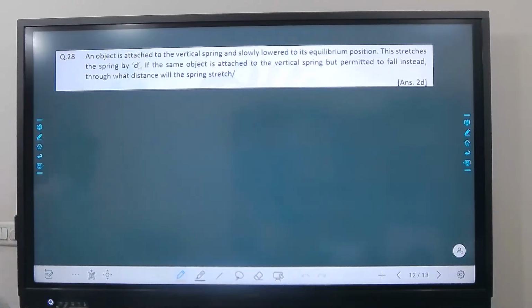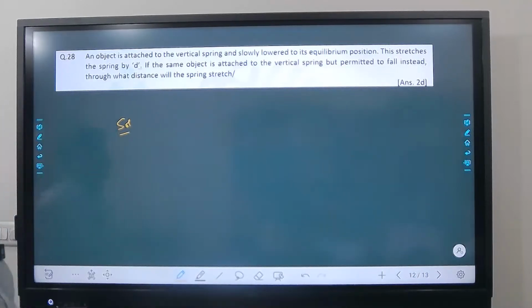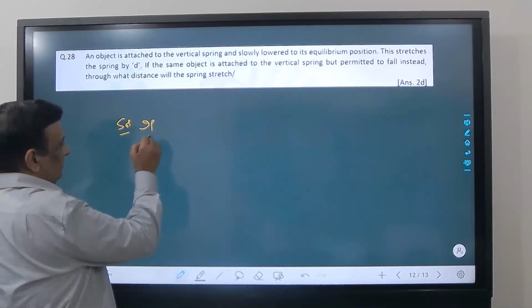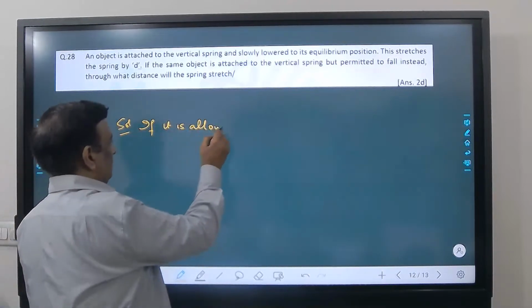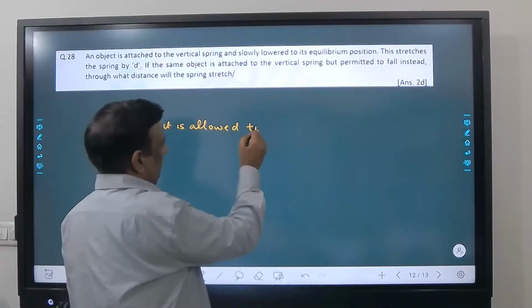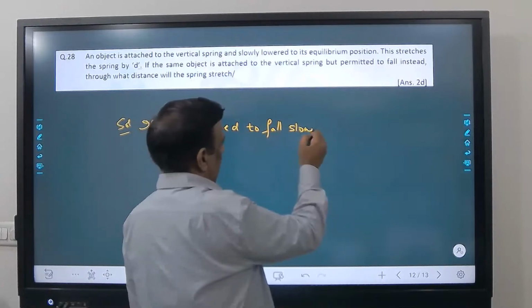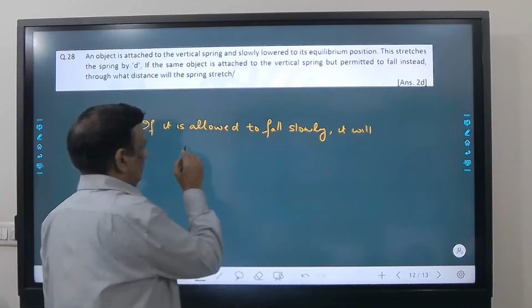An object is attached to a vertical spring, slowly lowered to its equilibrium position, and the same object is permitted to fall. Now, when it falls slowly, it will stop at equilibrium position.